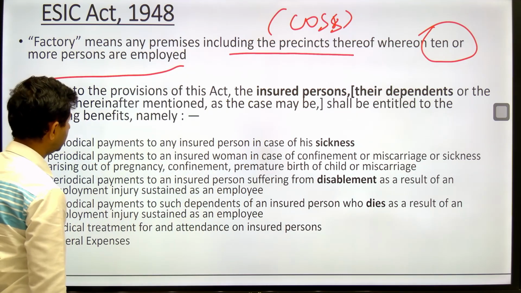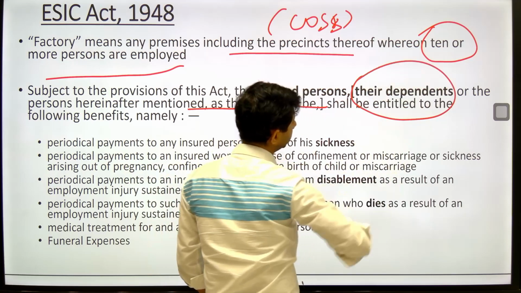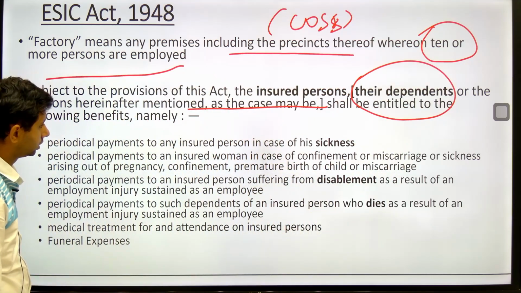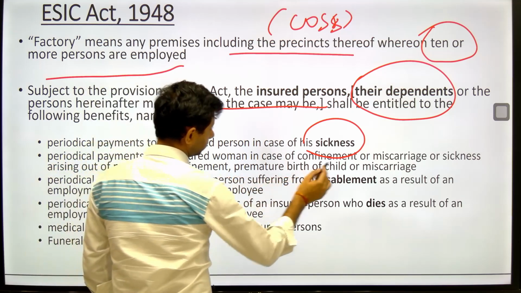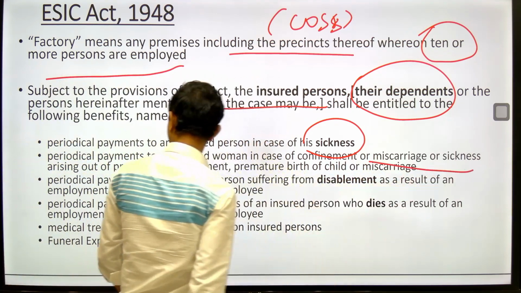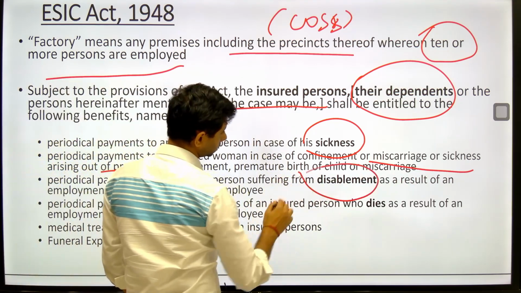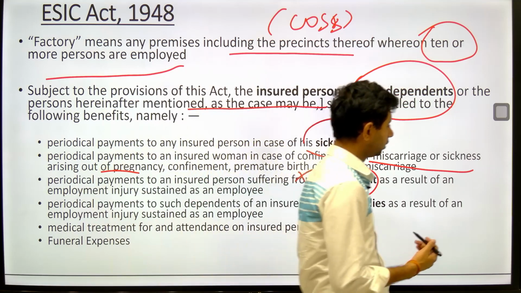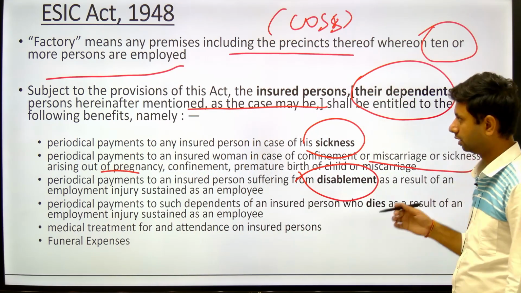Okay, and these are the benefits for insured persons as well as their dependents. Okay, and this is under sickness, for maternity also, miscarriage or sickness out of pregnancy, suffering from disablement also. So just have a look at these things that are mentioned under the law.